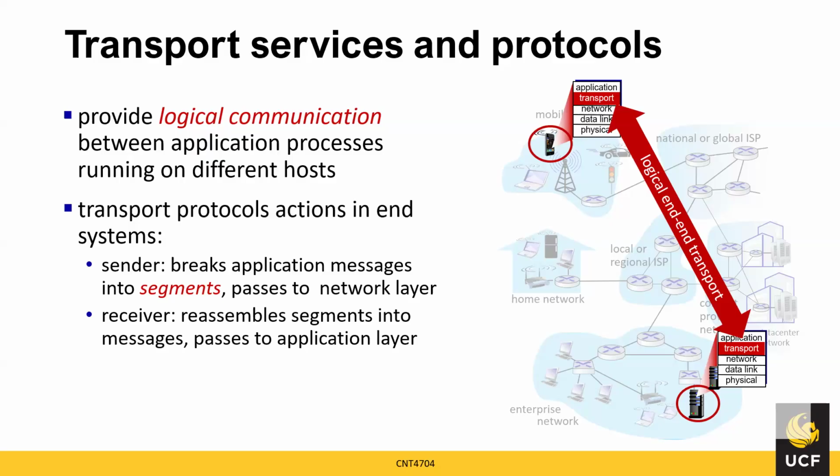It takes the large application messages and breaks them down into smaller segments, also referred to as fragmentation or encapsulation. On the receiver side, it collects those segments, reassembles them back into the original message, then delivers them to the application. So this ensures that the applications do not worry about packet sizes. This is something that is controlled by the transport layer as a service.